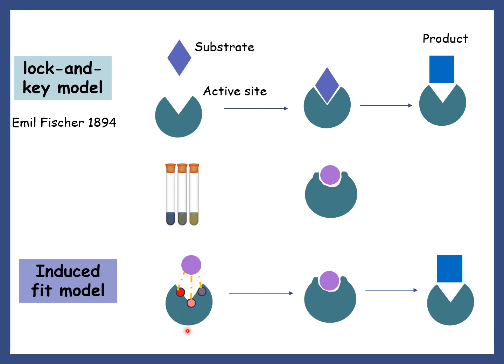This explains the native property of enzymes, or of any protein molecule, that it's not a fixed conformation. Instead, upon interaction, the structure of the molecule changes and it can adopt a different conformation to accommodate the substrate molecule, right? So this is how an enzyme interacts and binds to its substrate.